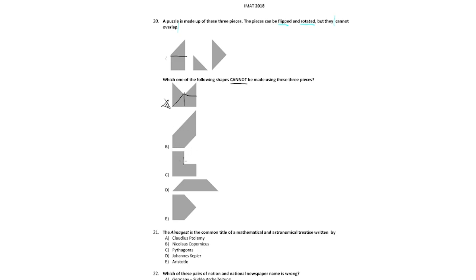Letter B. Okay, in this case, for example, let's take this piece and let's draw it over here. So my drawing skills are bad.